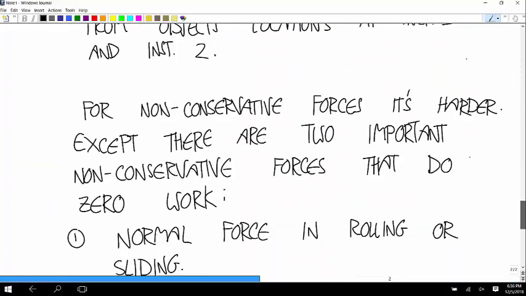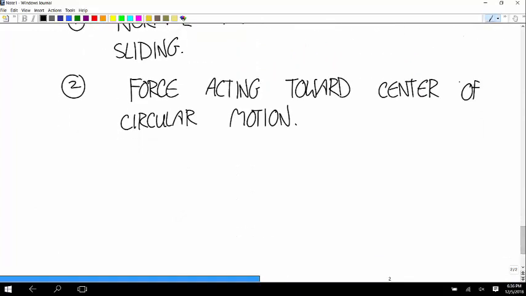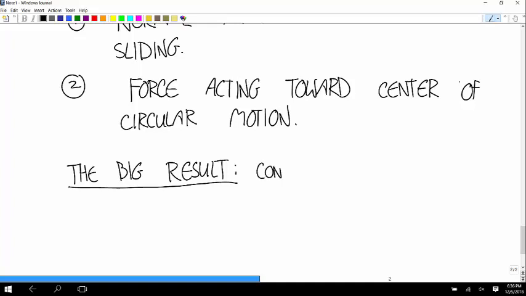Okay, so here's the big result. And this is conservation of mechanical energy.